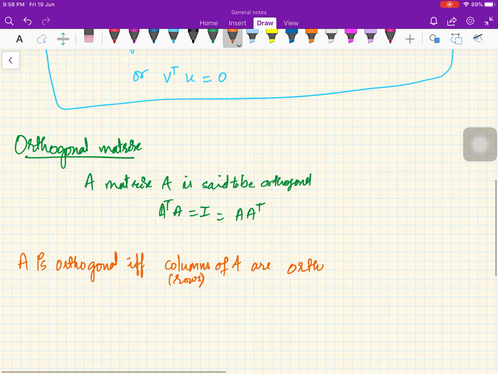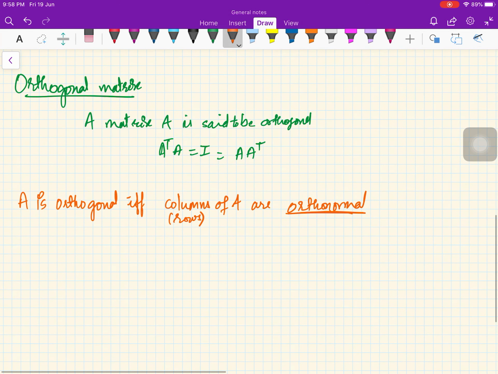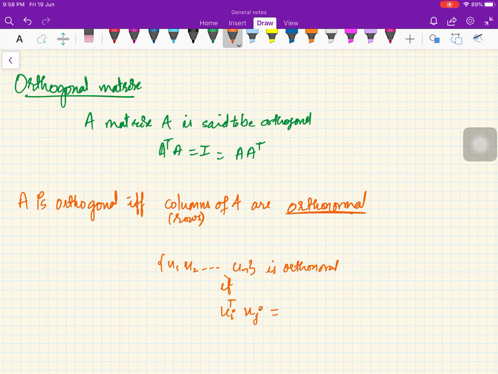Now what is orthonormal? A set u1, u2, ..., un is orthonormal if ui transpose uj is 1 if i equals j and 0 otherwise.